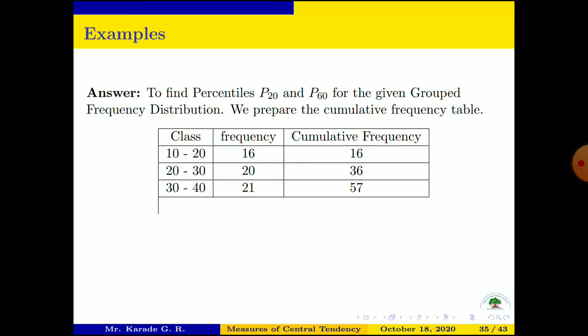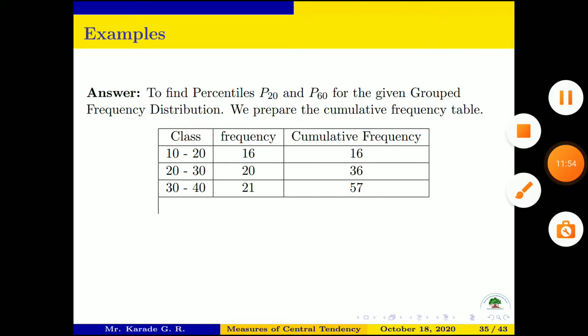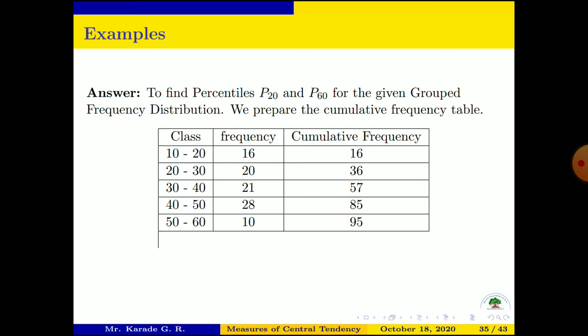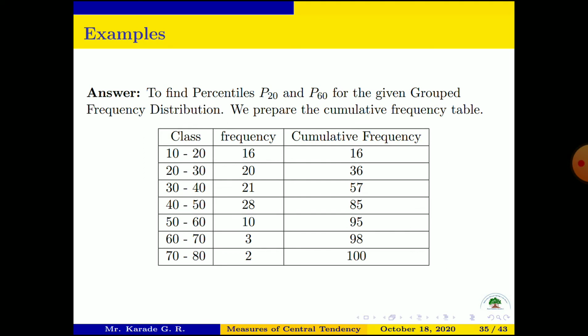In this way we can find all the cumulative frequencies of the given frequency distribution. Now the last class 70 to 80 has frequency 2 and cumulative frequency 100.